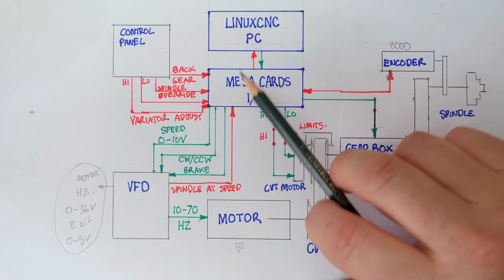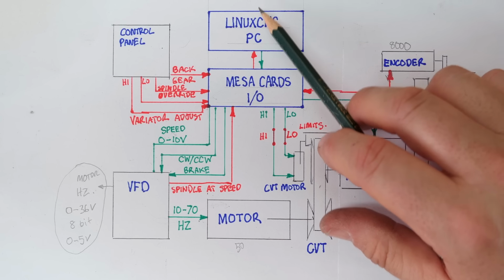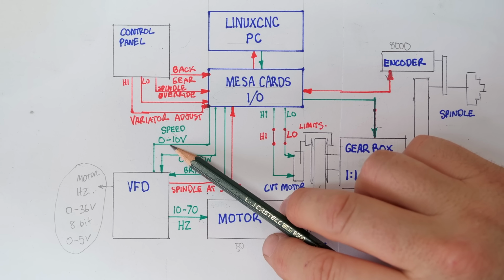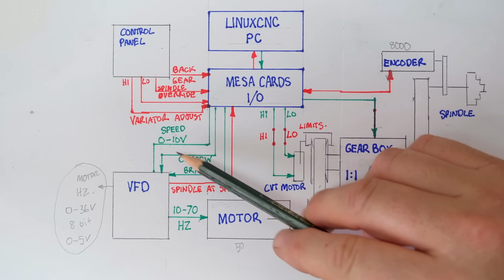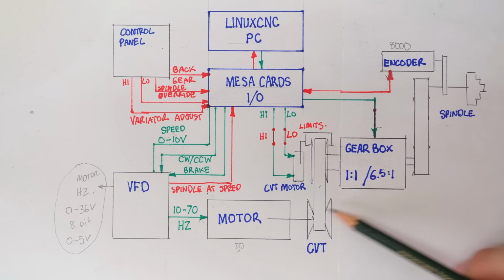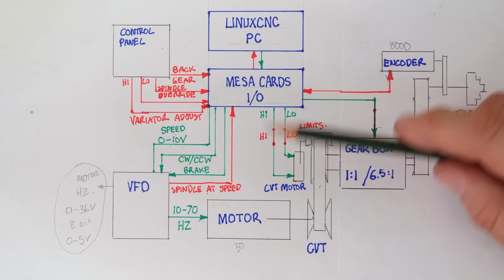However, if you think of how this works, when Linux CNC commands a speed, this value instantaneously changes. If you want max speed, it'll transition from 0 to 10 volts nearly instantly. But the whole system has a lot of mechanical inertia and has to accelerate up to speed.